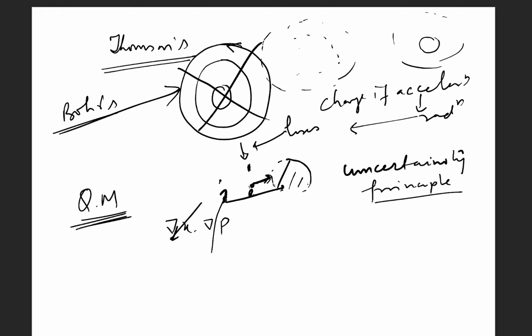So the momentum gets very high, means the energy gets very high, velocity gets very high. So this charge is able to overcome the attraction. In this way, quantum mechanics explains the stability of the atom using the uncertainty principle.